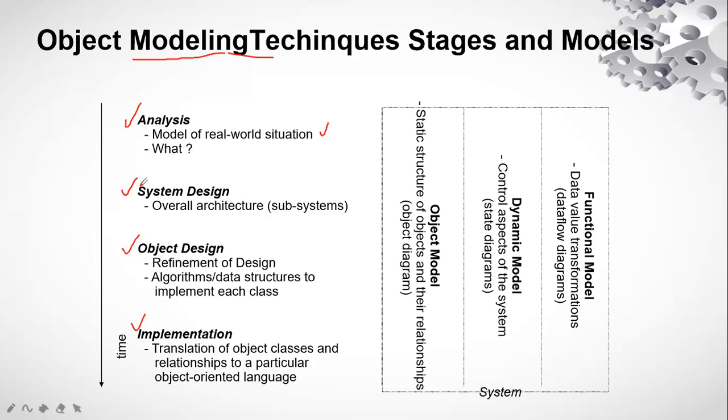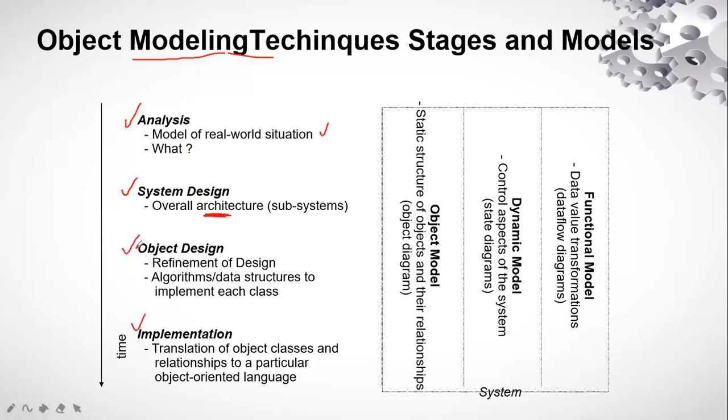Now, the second one is the system design. Once we have identified what we are going to develop, we are going to create an overall architecture of that particular system. That is called the system design.